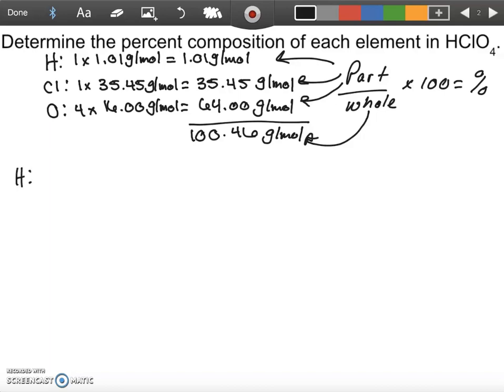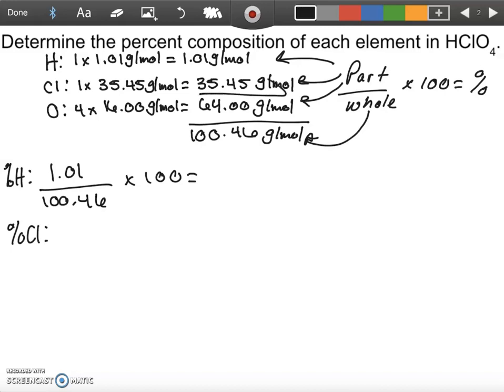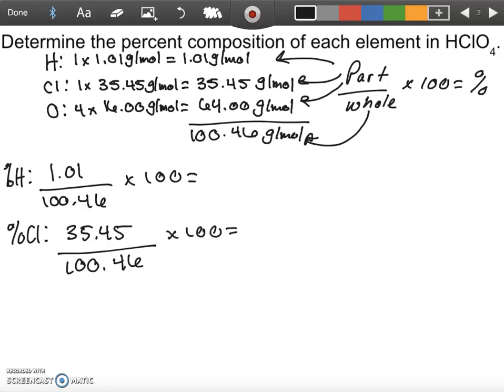Hydrogen contributes a total weight of 1.01, and the molar mass is 100.46. Multiply that by 100, and that'll get us the percent hydrogen. To get the percent chlorine, the total weight that it contributes is 35.45, divided by the molar mass, 100.46, times 100, and that'll get us that percent.